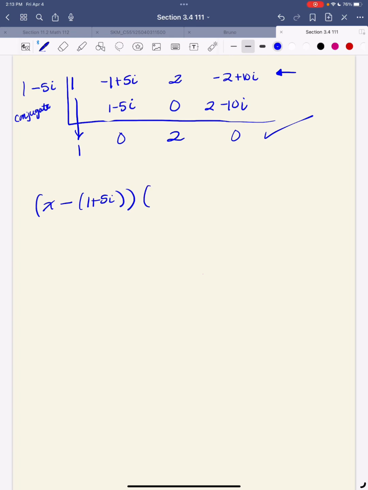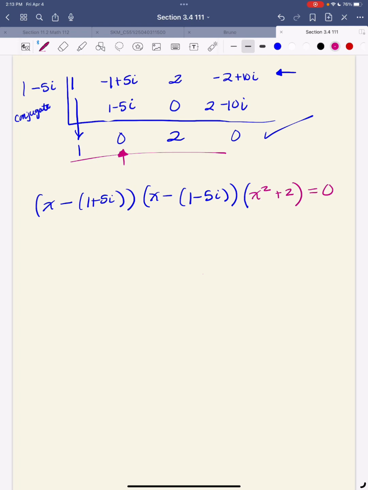We also know that x minus 1 minus 5i, we also know that that's a 0. So what's left is what we just found here, which is x squared plus 2.